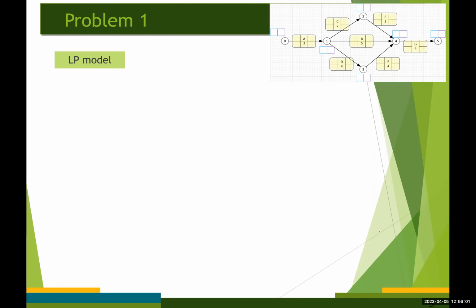Okay? So first of all, we need to define the decision variable for each directed arc, right? So if you remember, we defined X variable, x_ij, right? That is the unit flow from node i to node j.